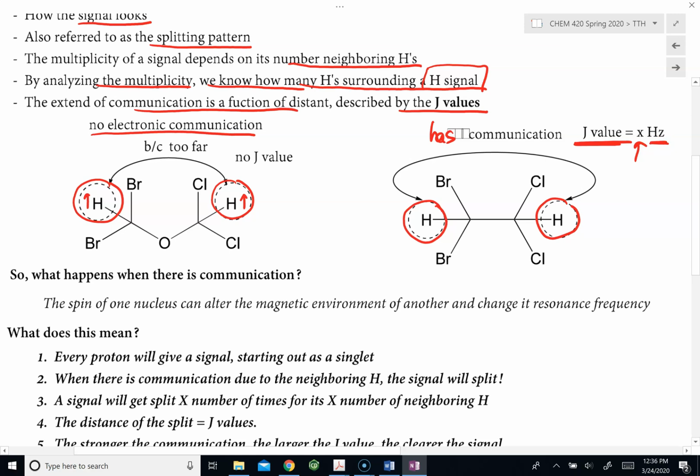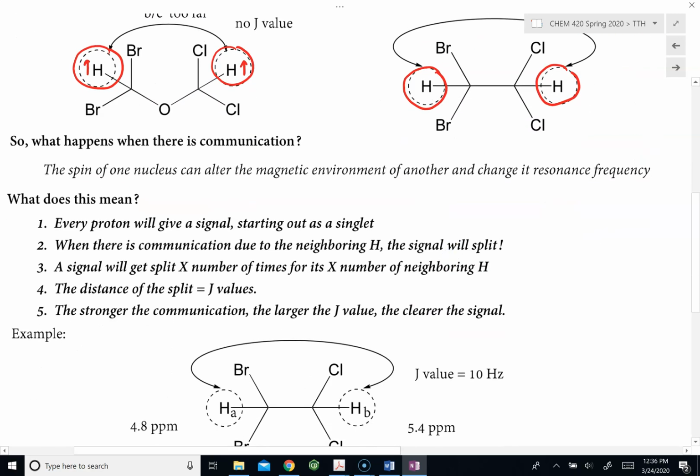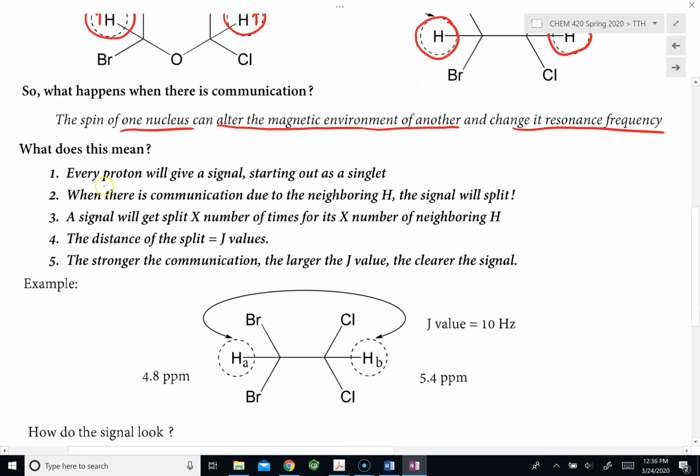So what happens when there is communication between the hydrogen atoms? Basically, the spin of one nucleus can alter the magnetic environment of another hydrogen, and therefore change its resonance frequency. What that means is as follows. Every proton or hydrogen will give us a signal in proton NMR, and that signal starts out as a simple singlet.